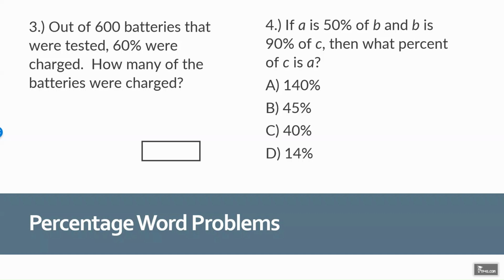We have 600 batteries that were tested, and 60% were charged. Because of the way this is written, I can't go with the words in the exact same order, but I can write the question myself in a simpler way. What they're asking is, what is 60% of 600?